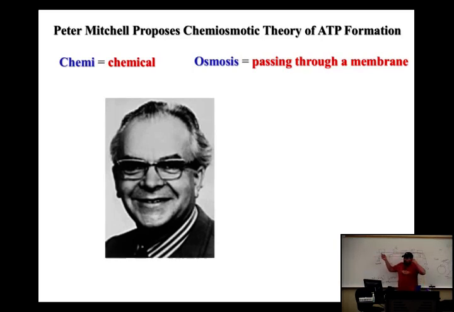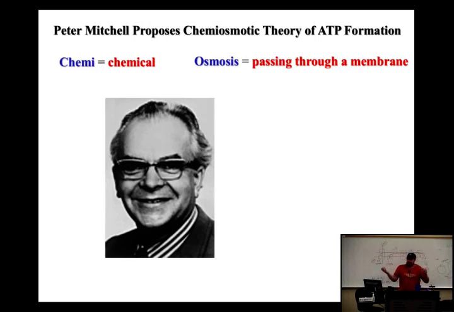His idea was, oh well, electrons, what's their charge? Negative. And what's the byproduct of making NADH? Remember, it's hydrogen, a proton. So what's attracted to negatives? So his idea was, when the electrons go through here, the protons go out.